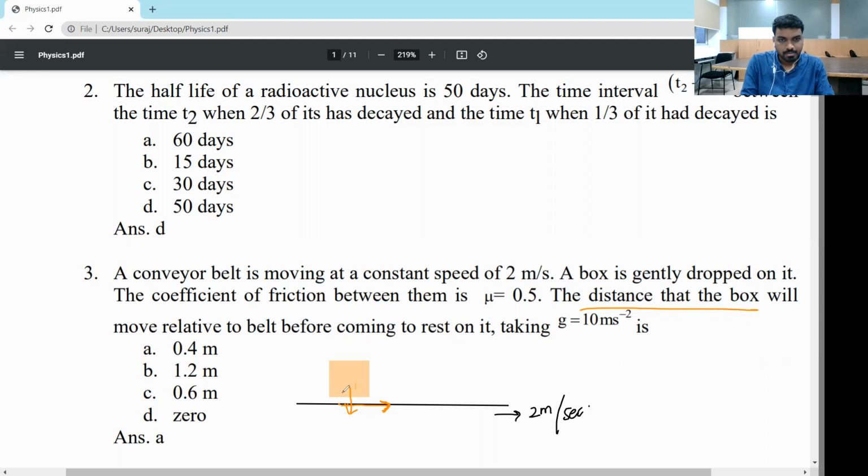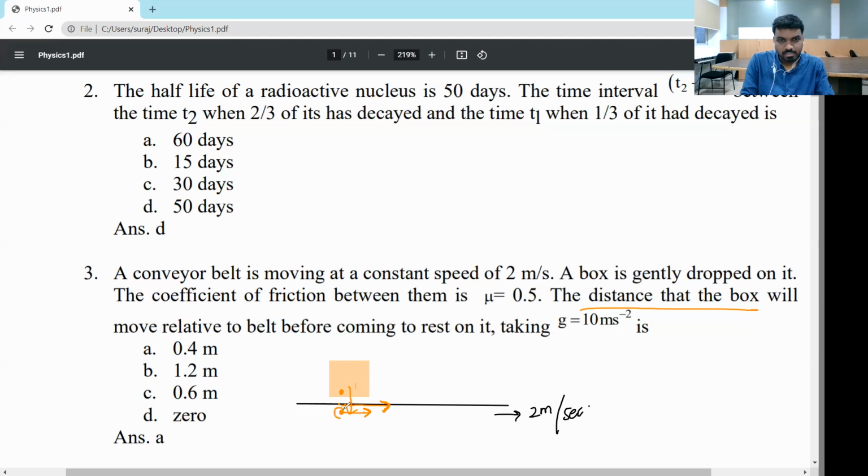So let us make 2 points. This is one point, this is another point. Now, this point is at rest. This point starts moving in this direction. So I want the force applied by the conveyor belt on the mass.